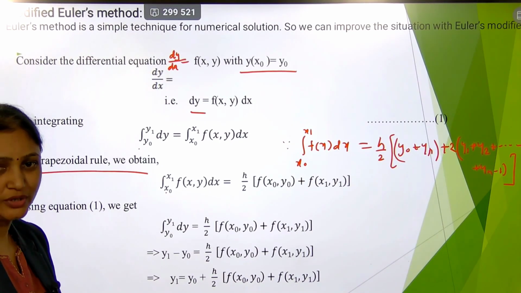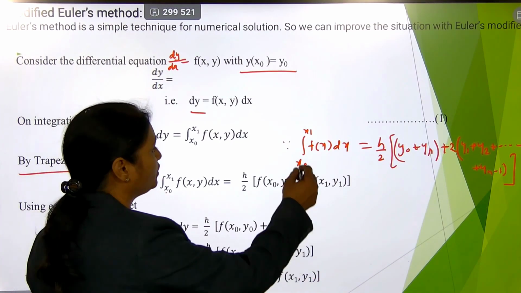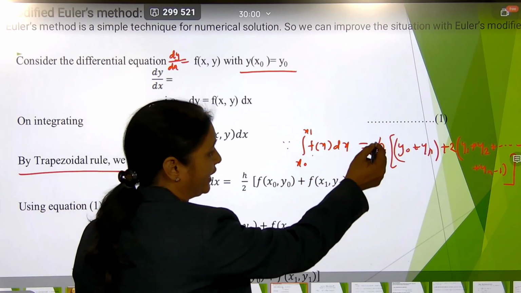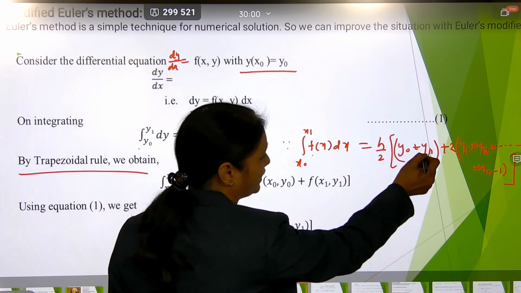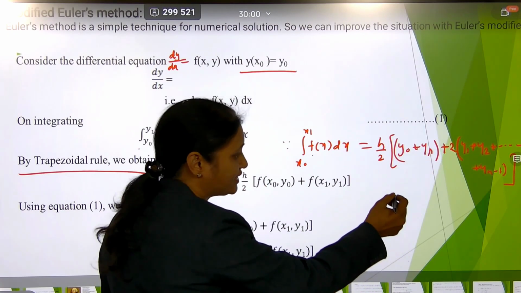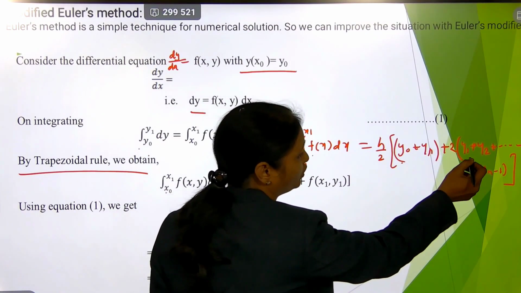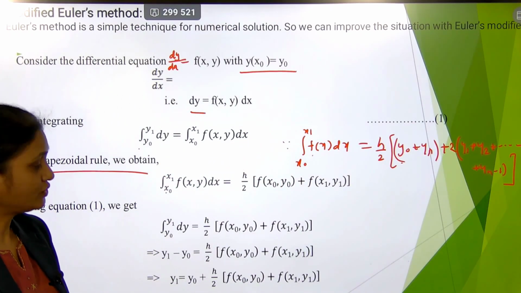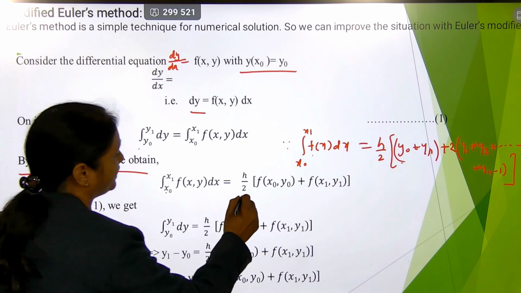So what is the trapezoidal rule? The trapezoidal rule is integration f of x dx from x0 to x1 is equal to h by 2 into y0 plus yn, that means the sum of extreme terms, plus 2 times the sum of intermediate terms. So using this formula, we get this equation.